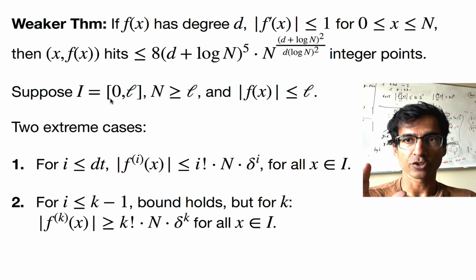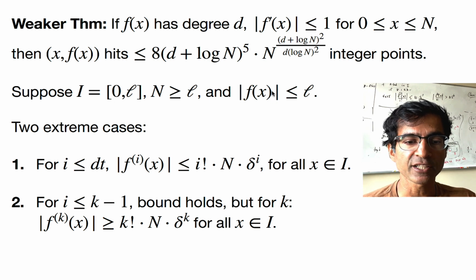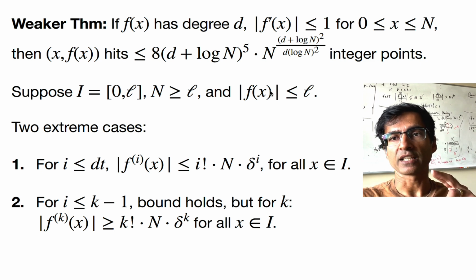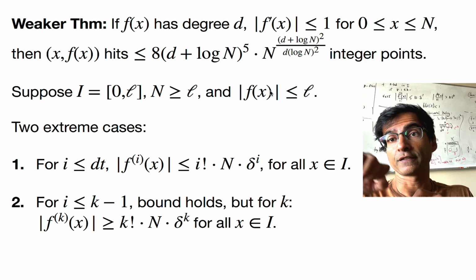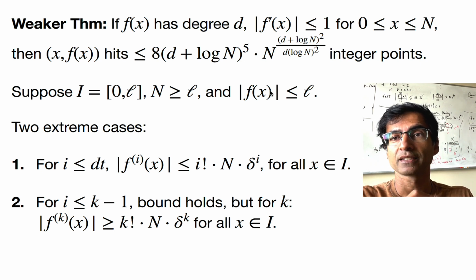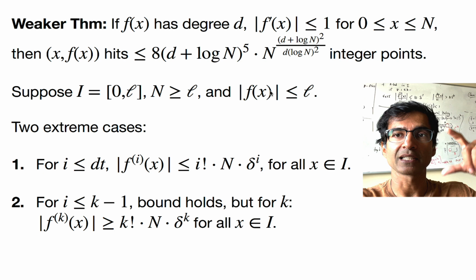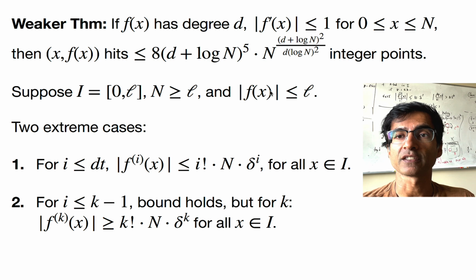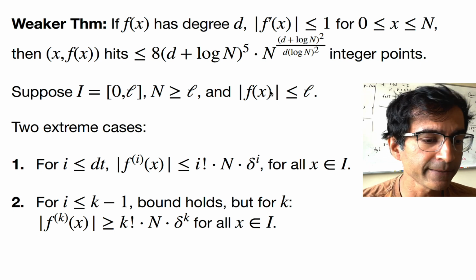Now, by shifting the picture, we can ensure that the magnitude of f throughout this interval is bounded by L. Because the derivative of f is small, f doesn't change by too much in this interval, and so if you shift the picture appropriately, up or down, you can reach the point where the magnitude of f is bounded by L. So let's assume that without loss of generality.